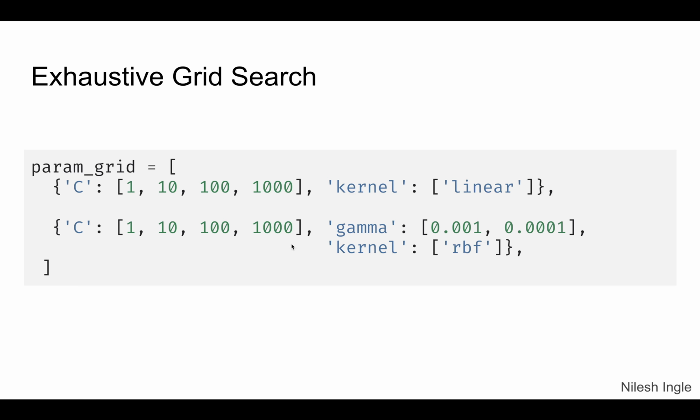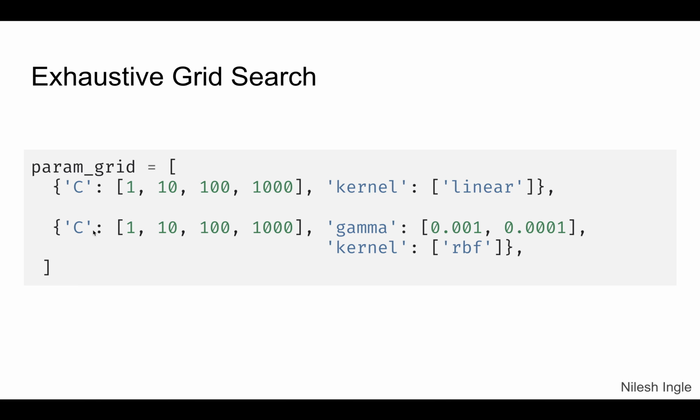So what the GridSearchCV will do then is create all possible combinations from these. So for example, linear kernel with C equal to 1, and then C equal to 10. So here we have 4 combinations, and in this case we have a lot more.